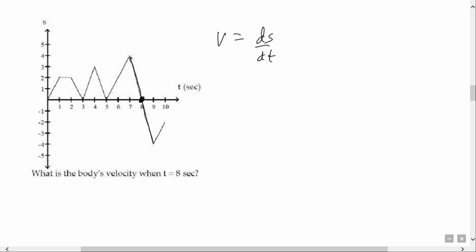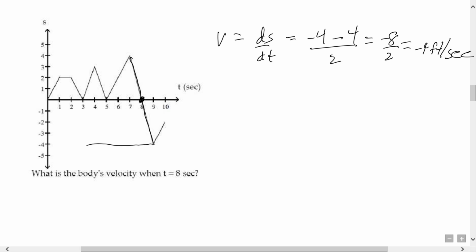You can see the slope of that line ends up at minus 4 and starts out at 4. So the rise is minus 8 and the run is 2. So the slope of that is minus 8 over 2, equal to minus 4 feet per second as the velocity.